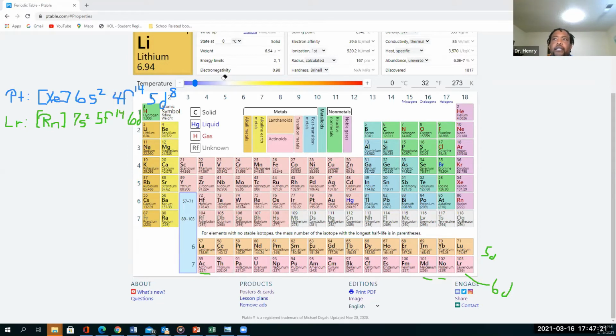But these other electrons would be considered your valence electrons, okay? These can be used for reacting and other things. So this is your core, which is going to be unused, but these are going to be considered valence electrons.